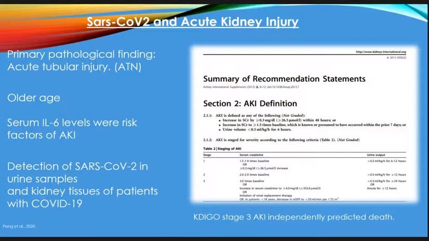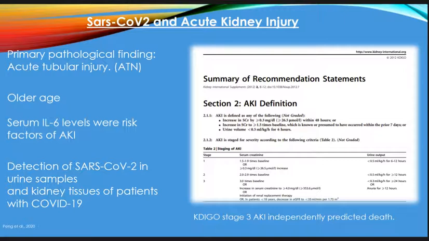And sepsis is one of the reasons that the SARS-CoV-19 causes AKI. There's actually 3 stages. Stage 1 is 1 to 1.9 times the baseline for 12 hours. Stage 2 is 2 to 3 times the baseline and more than 12 hours.